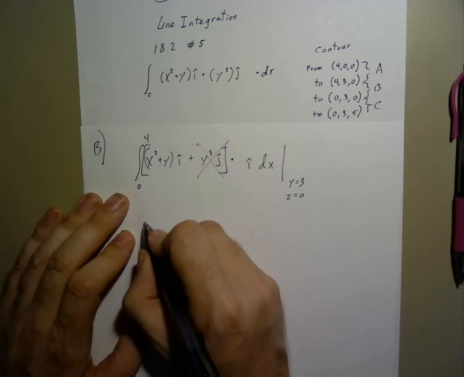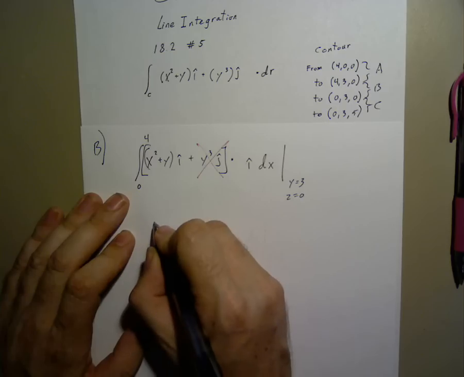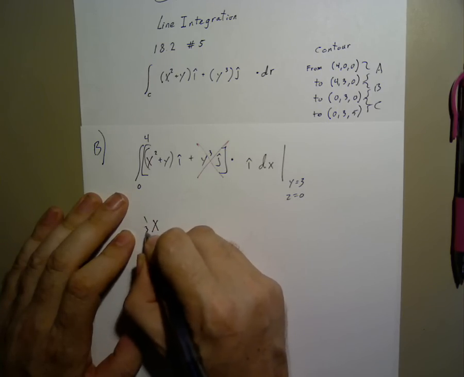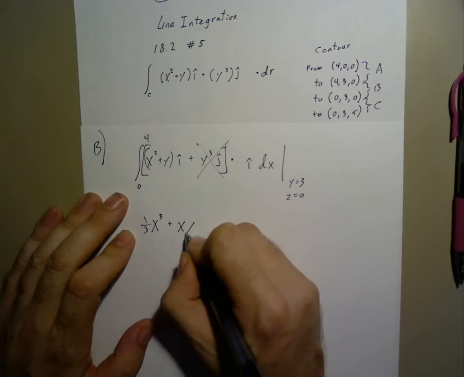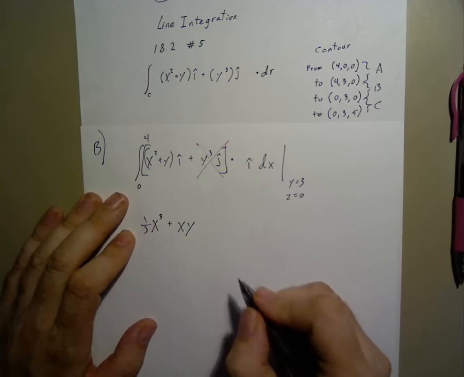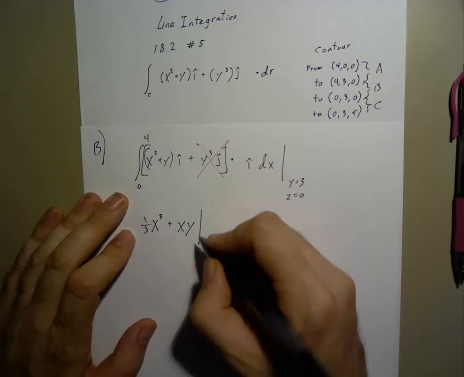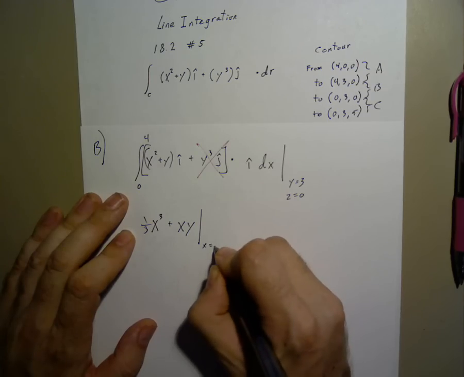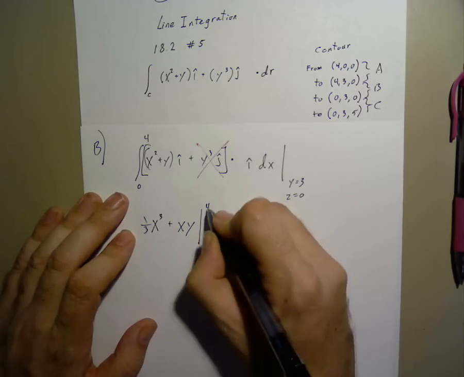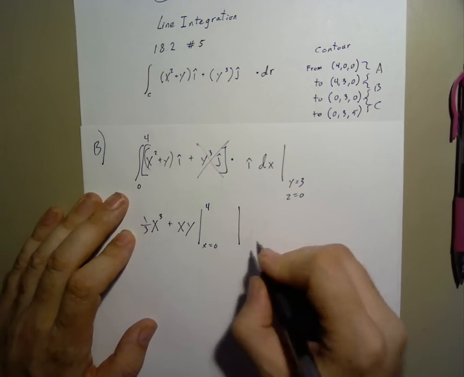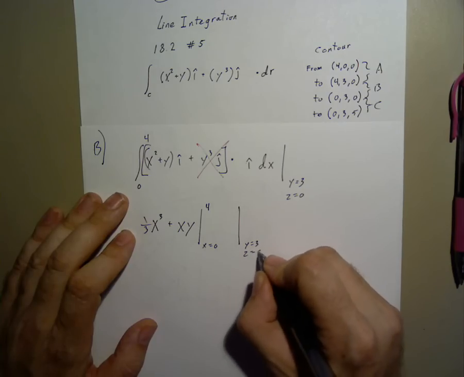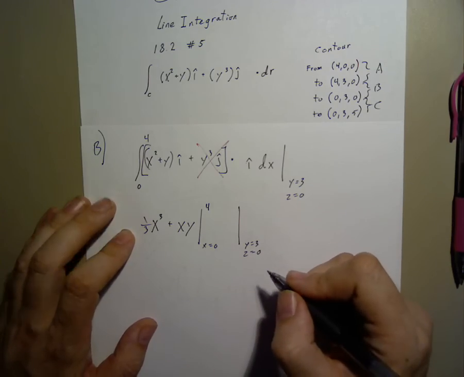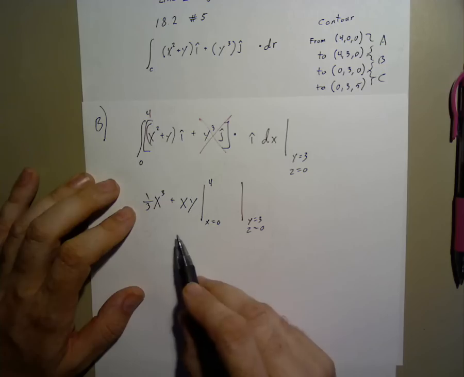Which leaves us with this. We need to integrate. We get 1/3 x cubed plus xy, evaluated from x equals 0 to 4, while holding constant y equals 3, z equals 0. There is no z in this function, but there is a y.